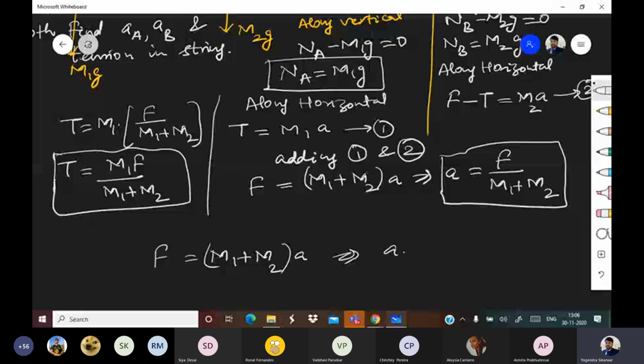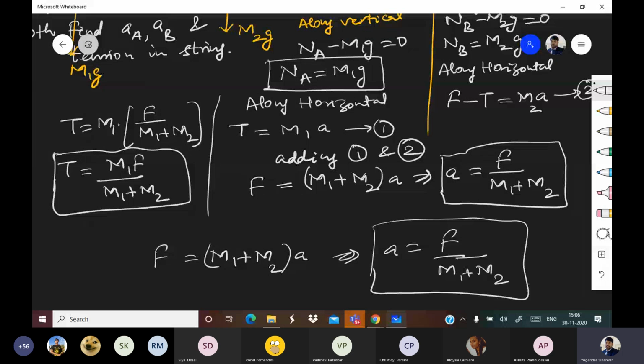All right. And after that, you can put the value of... Asmita is saying, sir, but we want tension for the whole system. See, first thing is we want to know acceleration also. So we got acceleration. Now after getting acceleration, you can find the value of T also.